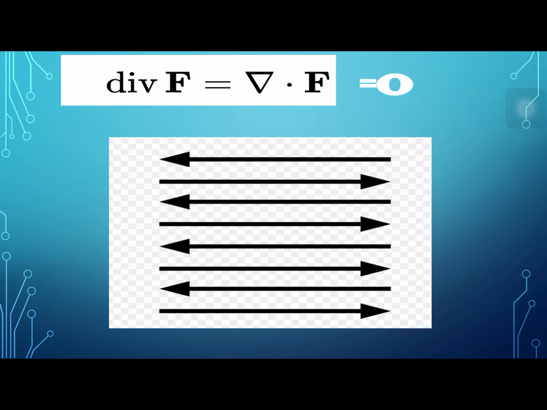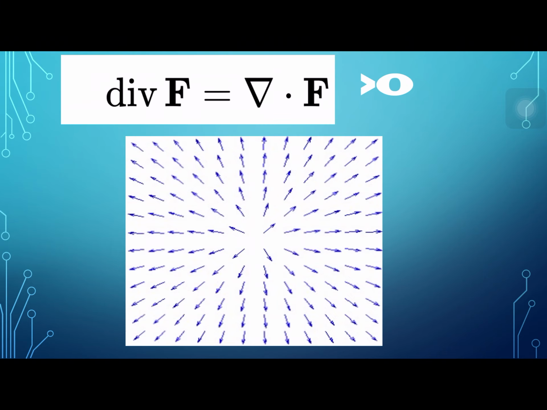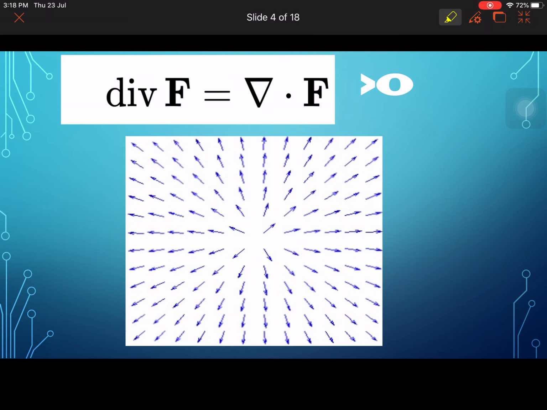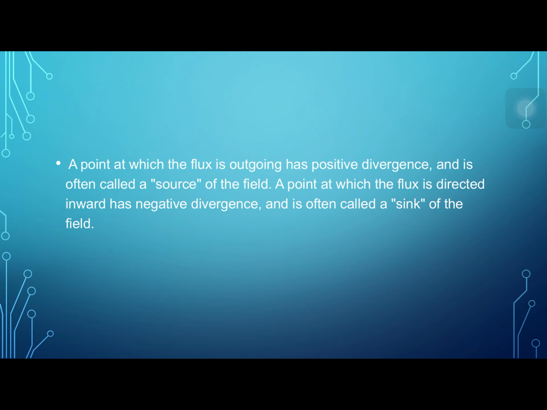If the flux is outgoing like this, here the flux is outgoing, that means the value is greater than 0.